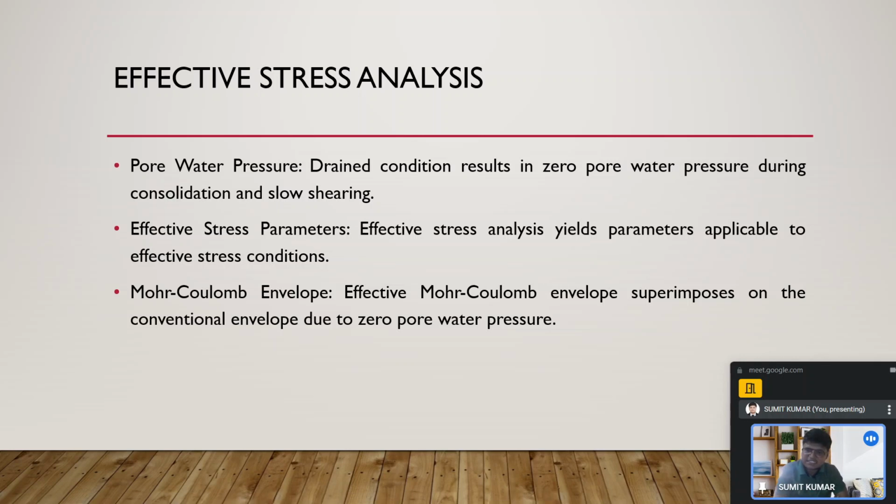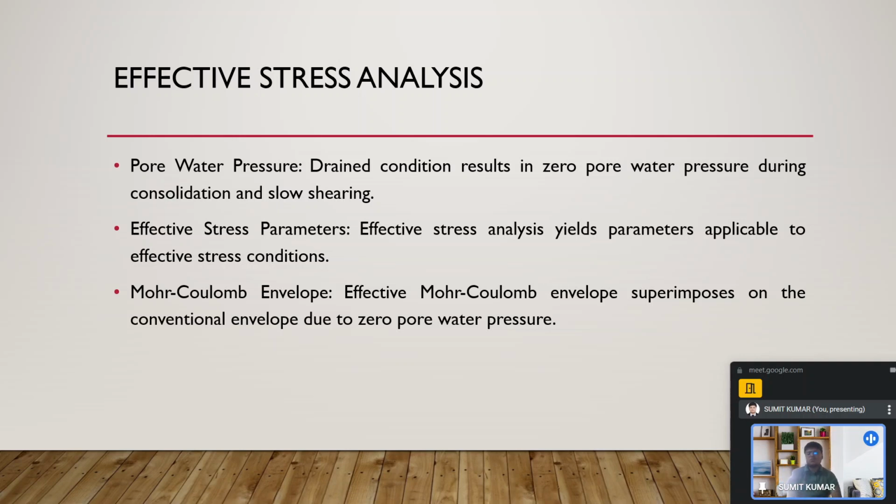So now we talk about the effective stress analysis. In effective stress analysis, the pore water pressure gets dissipated under the drained condition, resulting in zero pore water pressure during consolidation and slow shearing, giving the effective stress parameters.